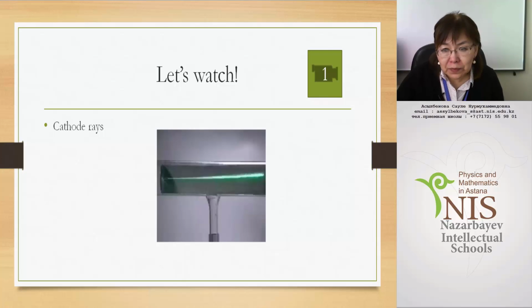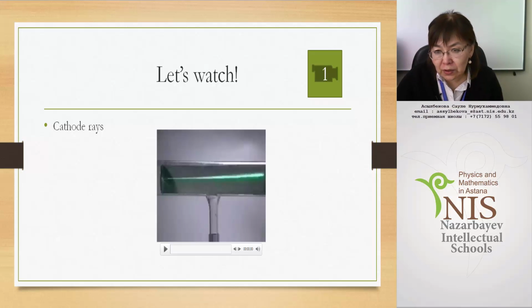As you see, there is some green light which is formed in the tube on the side nearest to this cathode. This is the anode. So it bends when we bring magnets near.